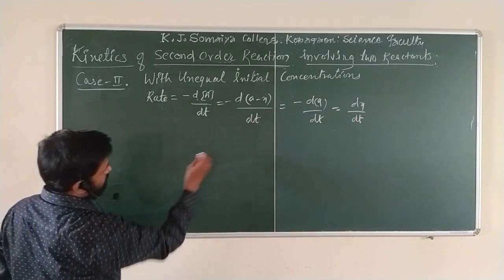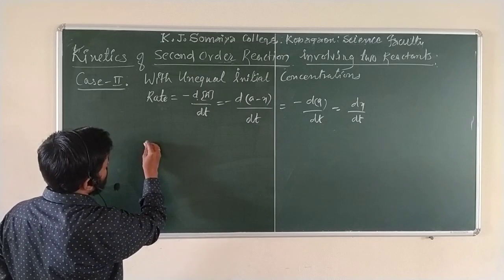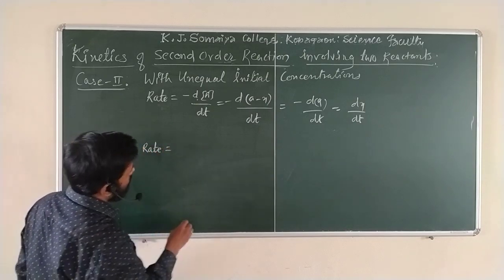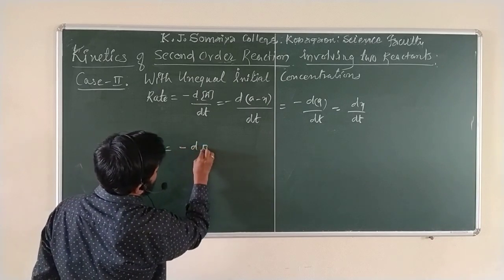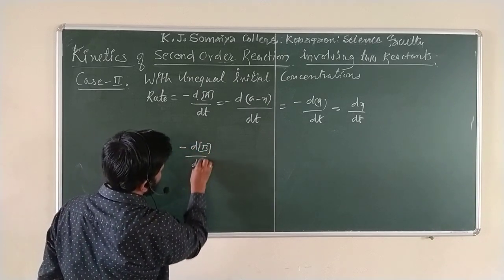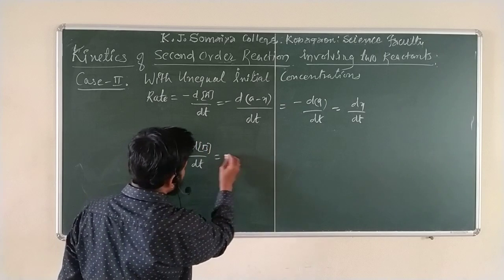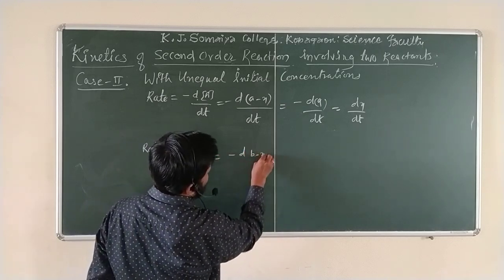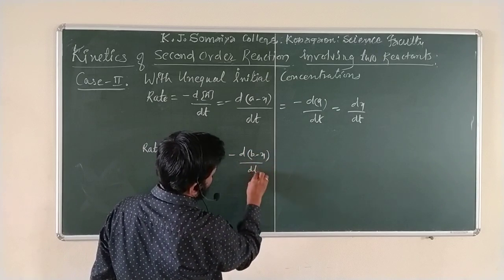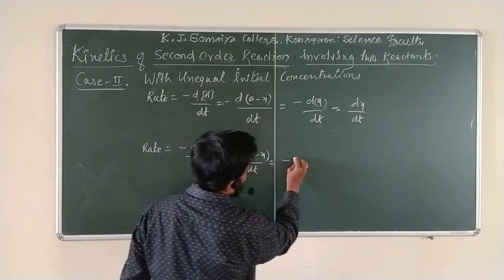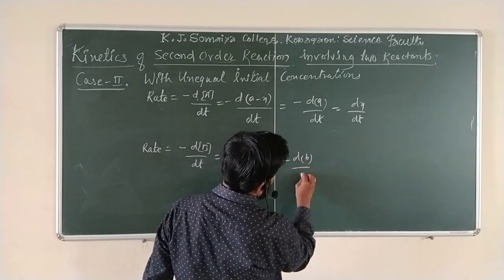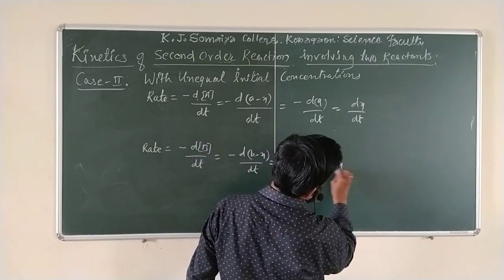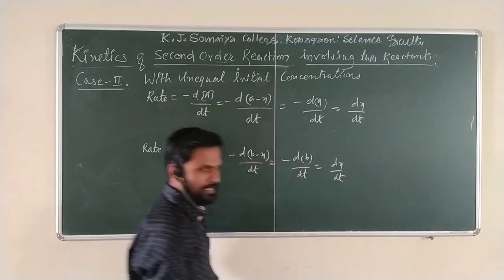Now here rate equals minus dB upon dt. If it is differentiated, putting in the concentration of B, this is minus d(b minus x) upon dt. So minus dB with respect to dt equals again minus into minus, you will get dx upon dt. Okay, you are getting my point.